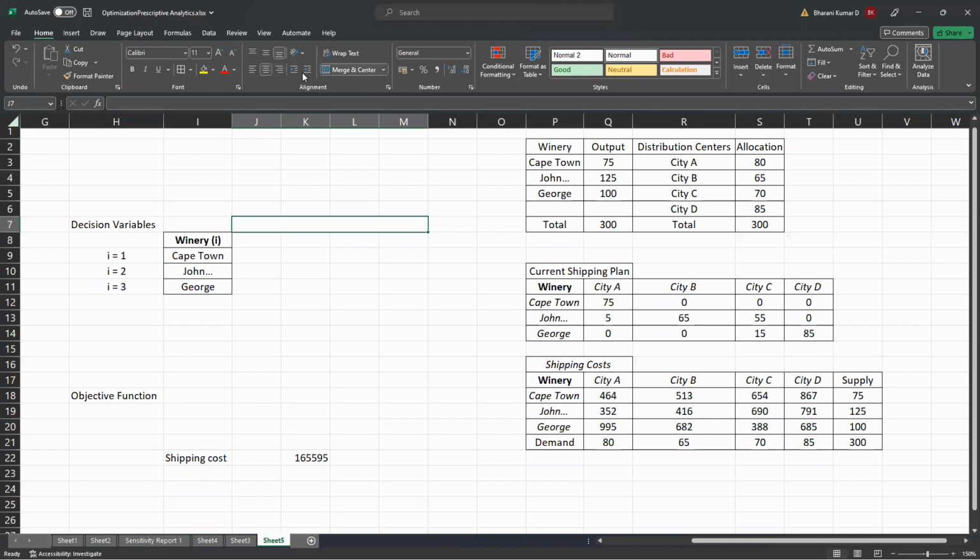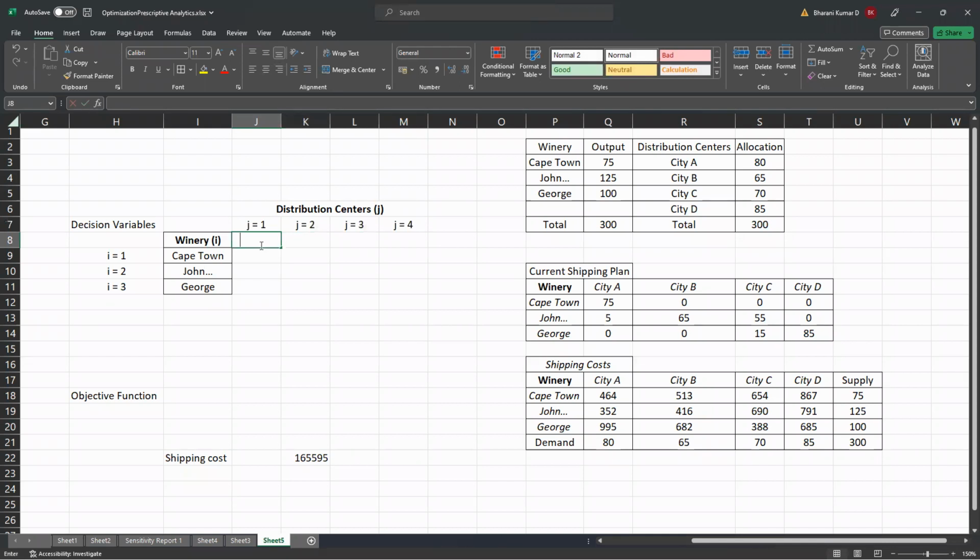Let me name them. I'm going to call distribution centers j. When we say j equal to 1, and you'll have j equal to 2, 3, 4. What are these j?